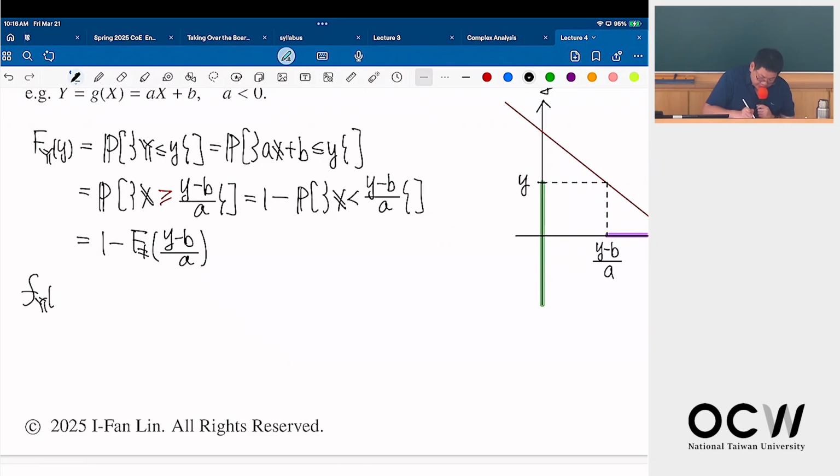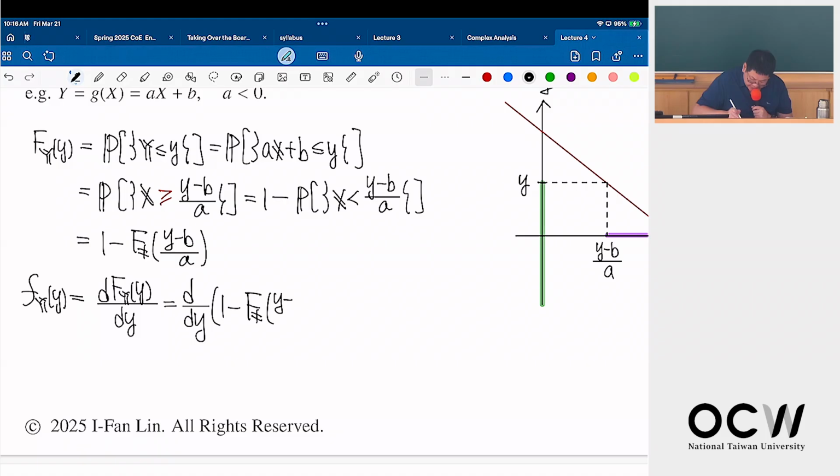We get the PDF just by taking the derivative of the CDF. And what is the CDF? 1 minus the CDF of x at this point, y minus b over a.